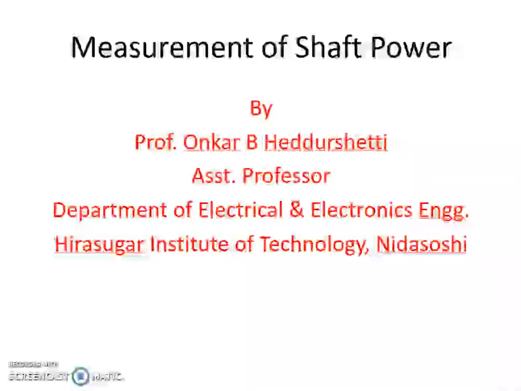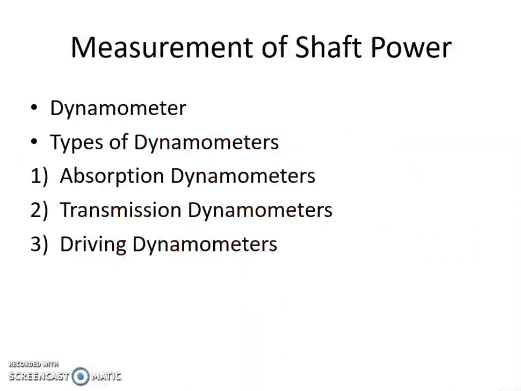Now let us discuss measurement of shaft power. In order to measure shaft power, we use a device called a dynamometer. Shaft power is not measured directly by a dynamometer. Rather, we determine torque, and by using torque, we calculate shaft power.